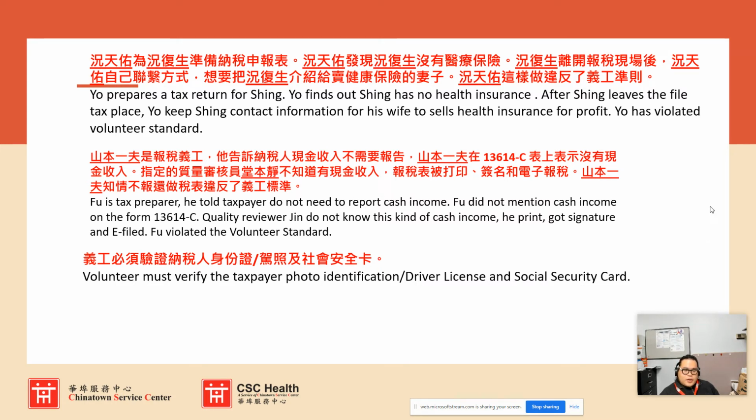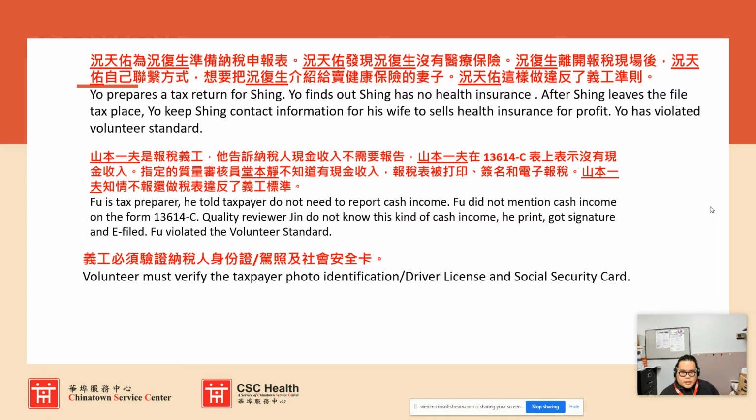Another scenario: Fu is a tax preparer. He told the taxpayer they do not need to report cash income. Fu did not mention cash income on Form 13614-C. Quality reviewer Jin did not know about this cash income.